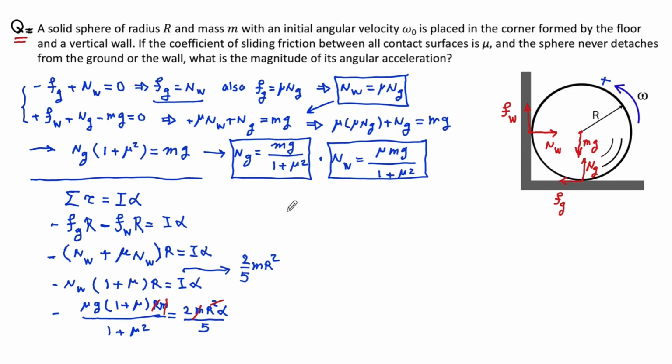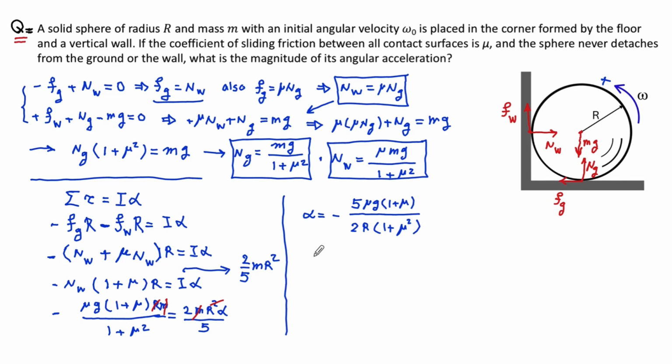Ultimately, we get for alpha minus 5 mu g times 1 plus mu over 2r times 1 plus mu squared.